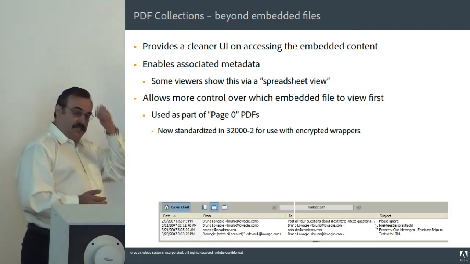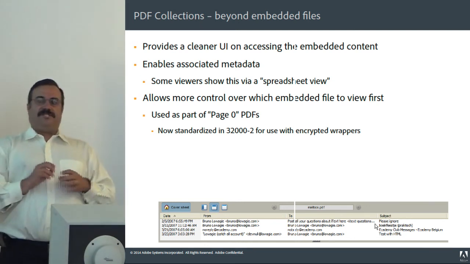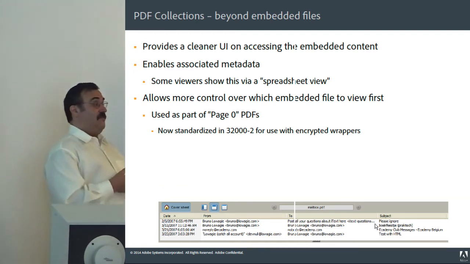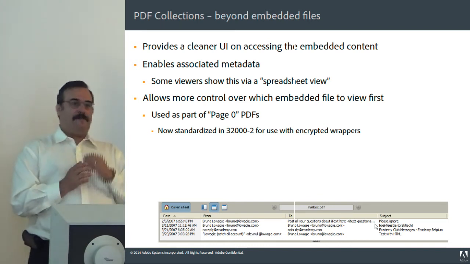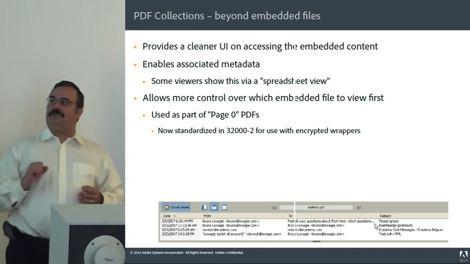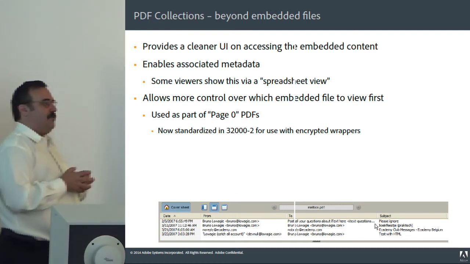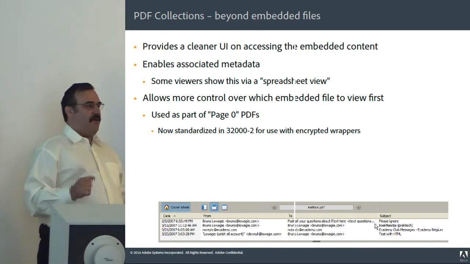Okay, collections, the last thing I'll talk about for embedded files. One of the nice things here is if you're bringing together this PDF and a collection of information, you can associate metadata along with it. One of my favorite examples is email. If you take a whole bunch of emails and collect them together into a PDF, it would be nice if you had an index of those email files.